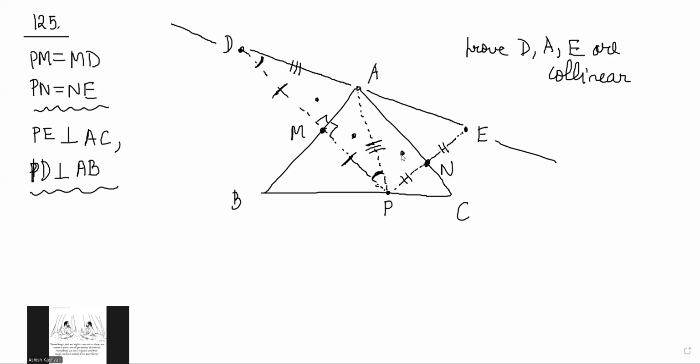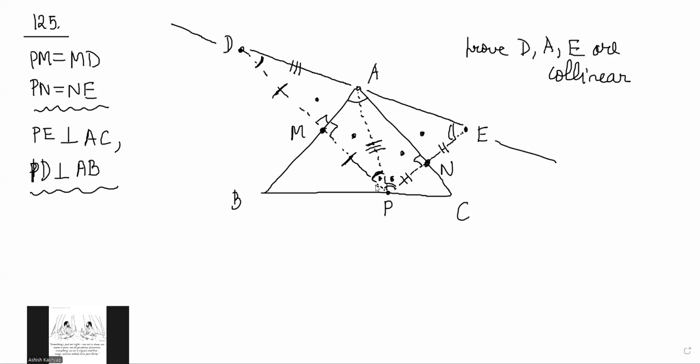Similarly, this triangle and this triangle are congruent, so this angle is equal to this angle, right? Okay. And now if this angle is A, how much is this angle?